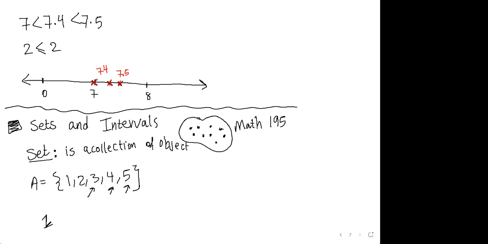So the number 1 belongs to the set A, because 1 is inside the set. But 6 does not belong to A, because 6 is not inside the set. Okay. Any question?